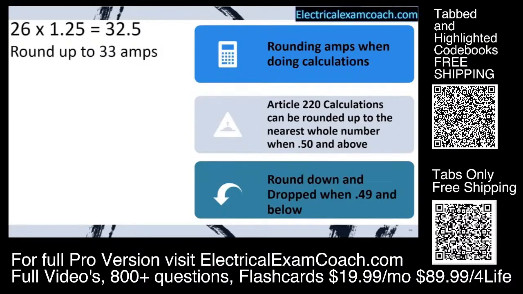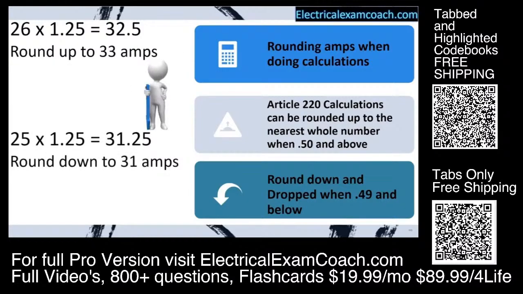So let's imagine we have this scenario of 26 amps, and after we do all of our math, it equals 32.5 amps. Well, in this case, we're going to round up to 33 amps. Now let's imagine we have a similar scenario, and when we get our answer, it's 31.25. Well, in this case, it's 0.49 or less, so we are going to round down. And that's how we're going to deal with all of our numbers in load calculations.